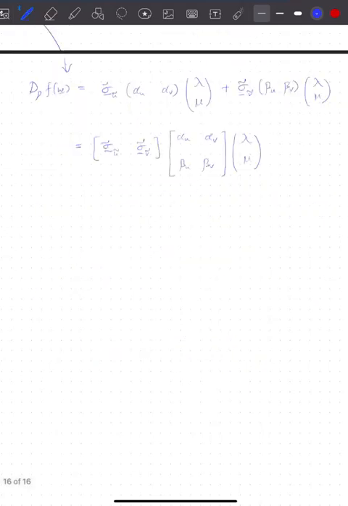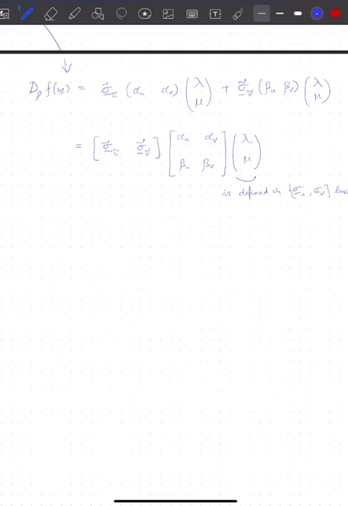So what we see is that lambda and mu are defined in the basis sigma_u and sigma_v, because they are essentially the components of some vector w in this basis, right?